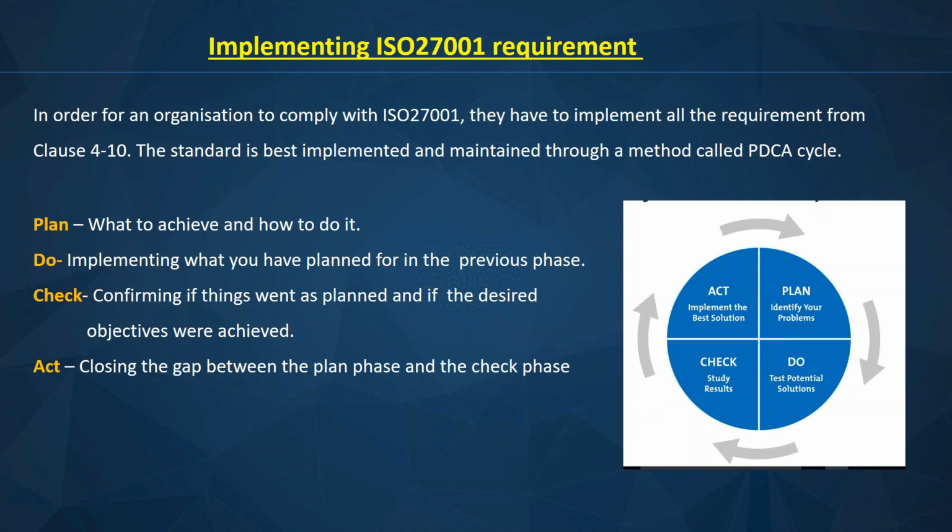So when your organization is applying for the ISO 27001 certificate, you contact BSI, the British Standards Institution, and they send an assessor to your organization. These are the things he's going to be checking for. He wants to check if you have implemented all the requirements in clause 4 to 10.